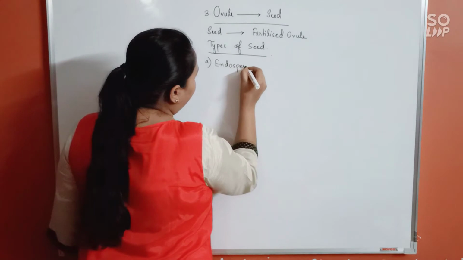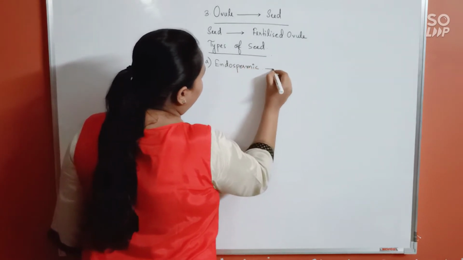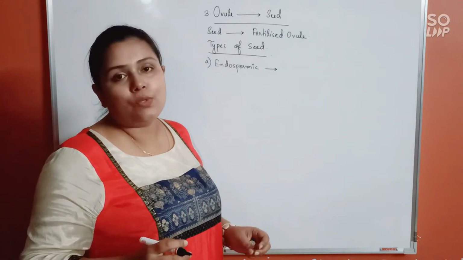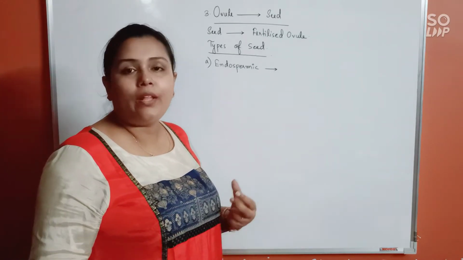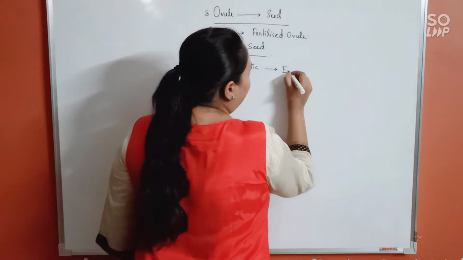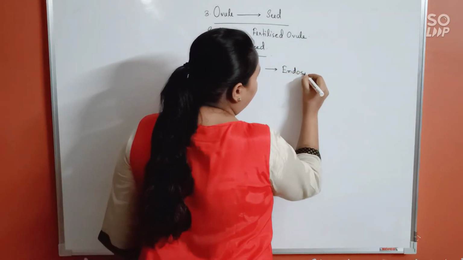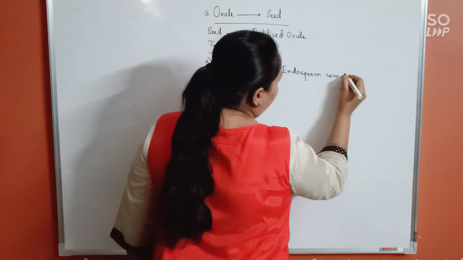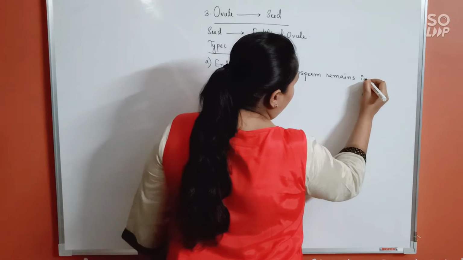Endospermic, that means seeds in which the endosperm will remain intact when the seed is matured, right? So, endosperm remains intact.